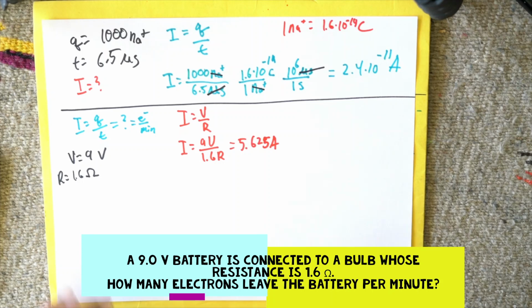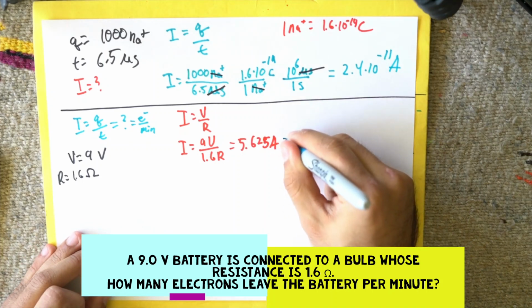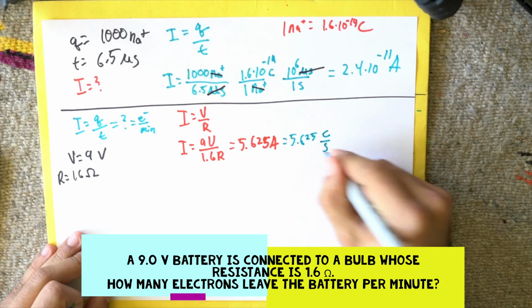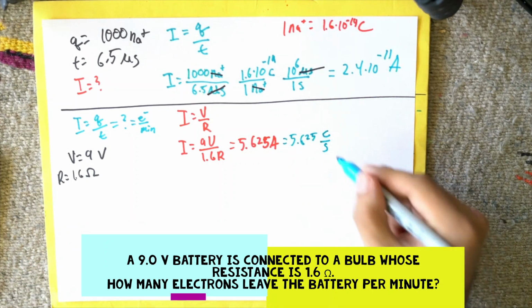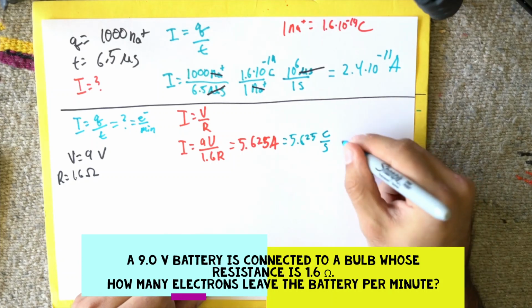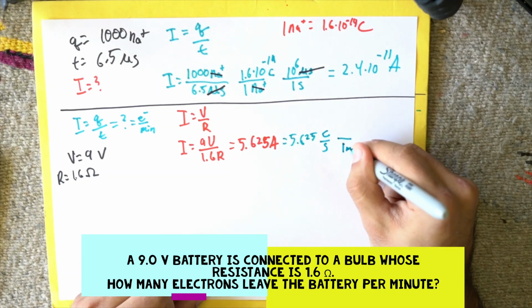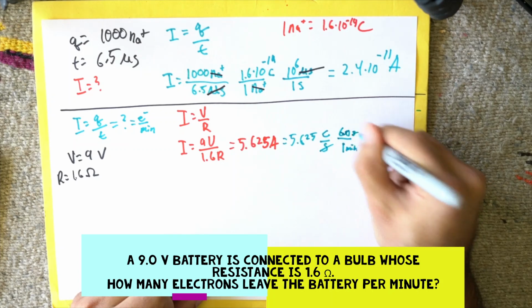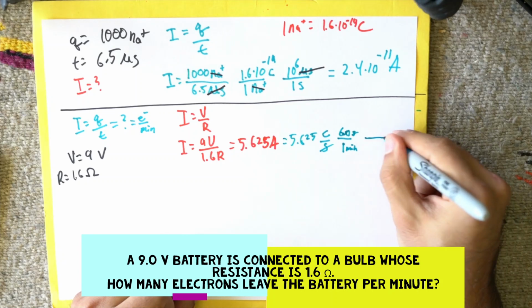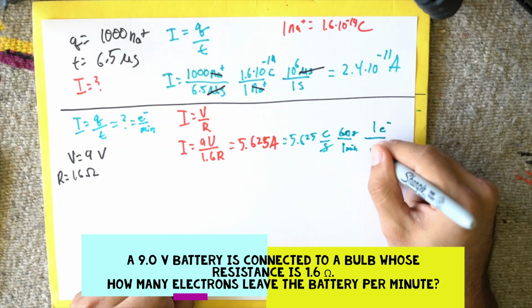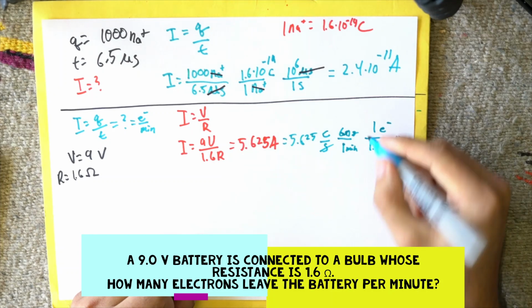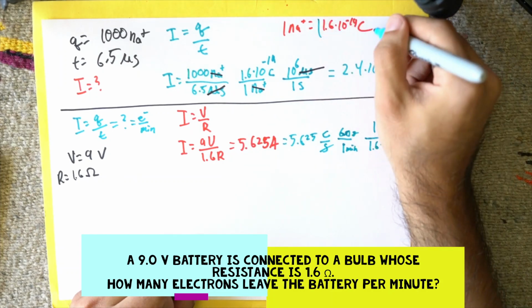Let us convert. So this is going to be 5.625 coulombs per second. I need to convert this to electrons and this to minutes. So let's do minutes first. I want 1 minute down here, 60 seconds, bye-bye. And I need electrons on top. So 1 electron is going to equal 1.6 times 10 to the negative 19 coulombs. Again, we use the absolute value when we do something like this.